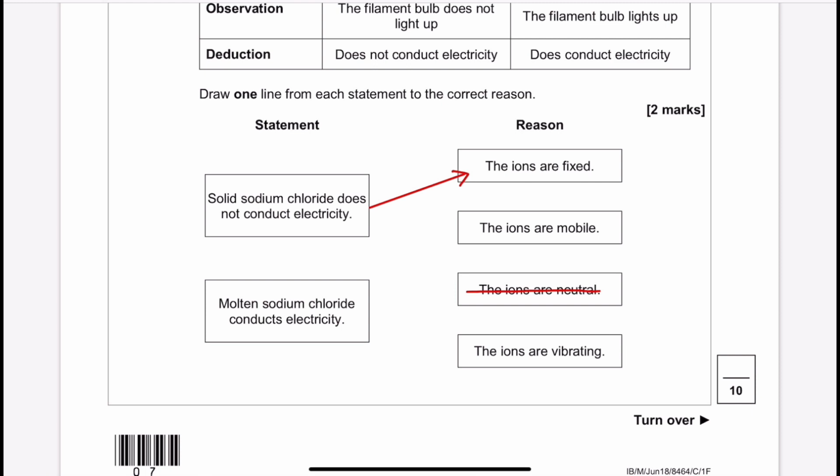If you look back into the properties of ionic compounds, in molten ionic compound, the ions are free to move, so they are not vibrating. So, in molten sodium chloride, the ions are mobile, meaning they are free to move.